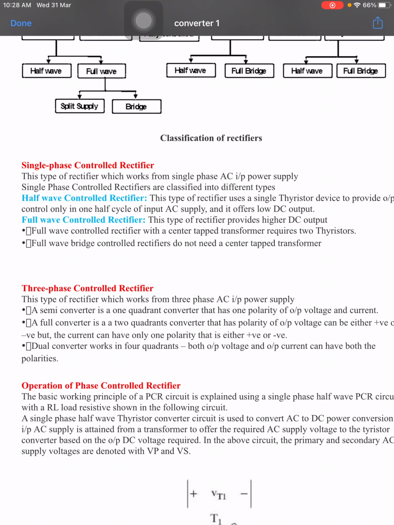The full converter is a two quadrant converter, where the output voltage can be either positive or negative, but the current can only have one polarity. The dual converter works on the principle of four quadrants, so both the voltage and current can have both polarities.